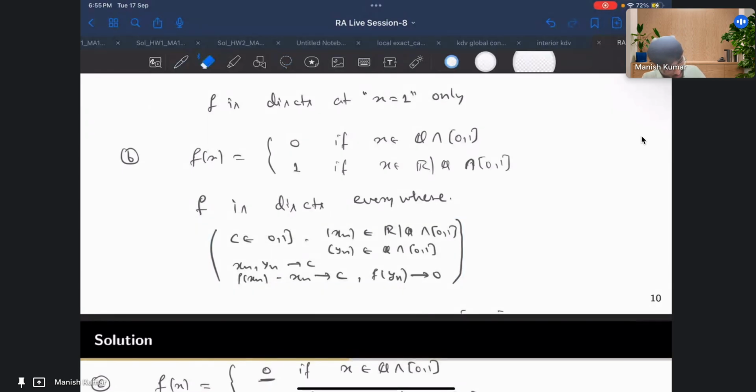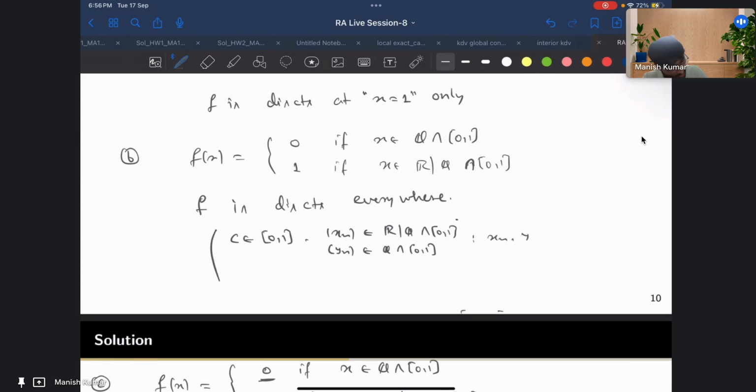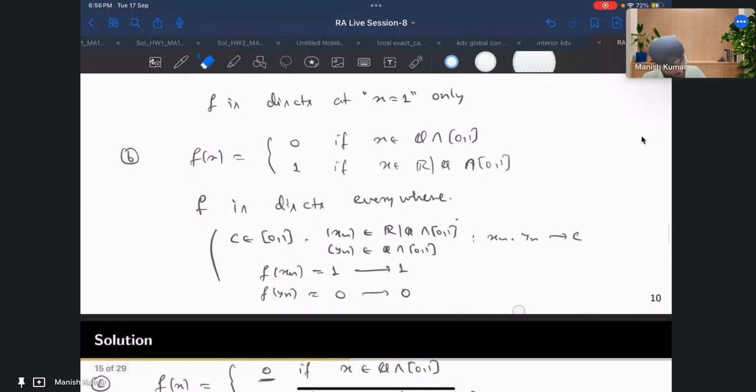Let's say C belongs to (0, 1), and xn, yn converge to C. f of xn is going to be 1, f of yn is going to be 0. So this converges to 1, this converges to 0. So this proves that f is discontinuous.